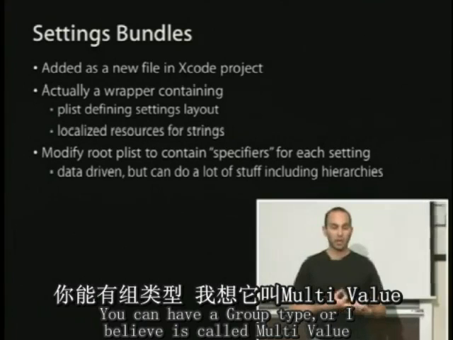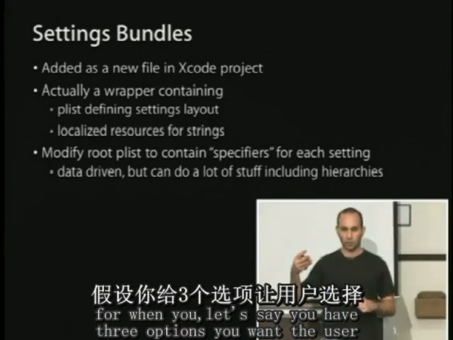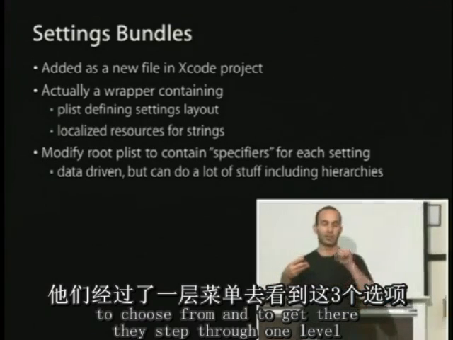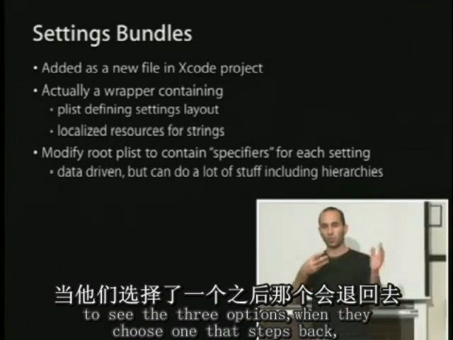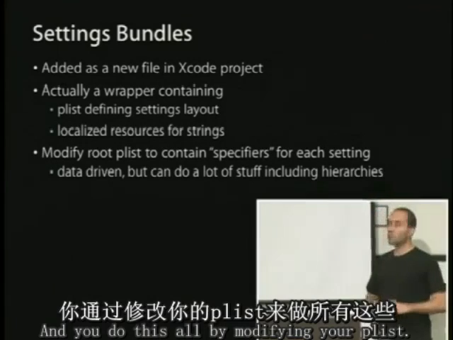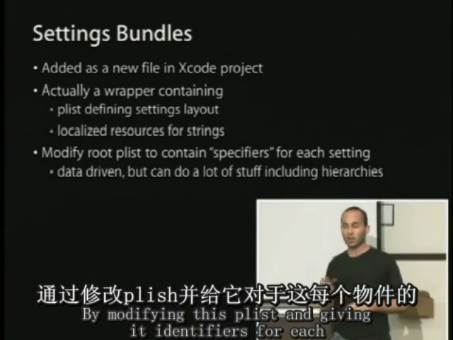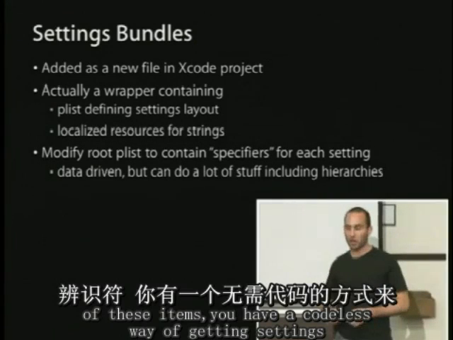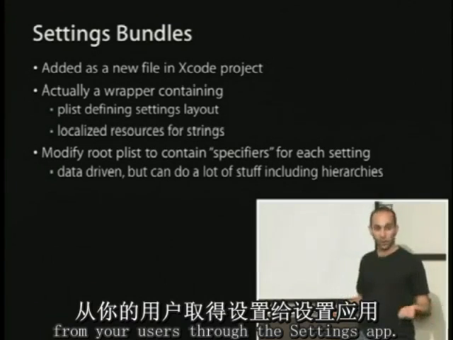You can have a group type, or I believe it's called multi-value, for when you have, let's say, 3 options you want the user to choose from, and to get there, they step through one level to see the 3 options. When they choose one, it steps back. That's a multi-value type. And you do this all by modifying your plist. By modifying this plist and giving it identifiers for each of these items, you have a codeless way of getting settings from your users through the Settings app.